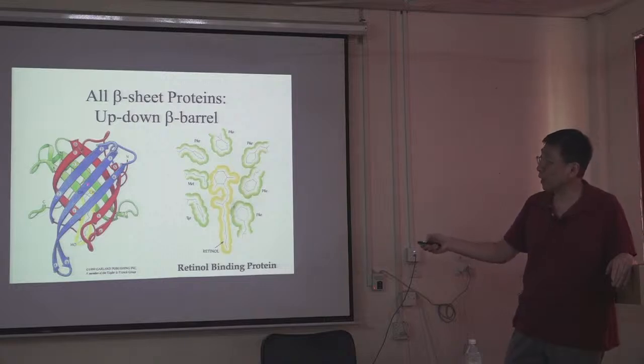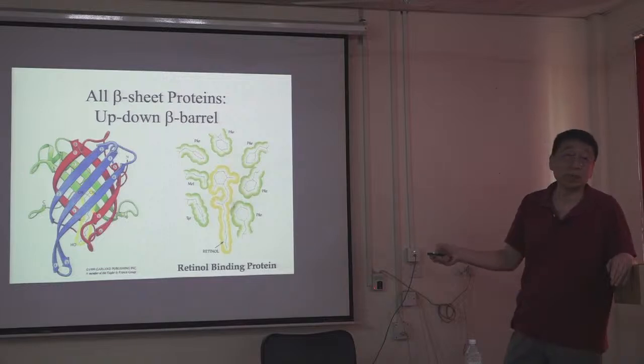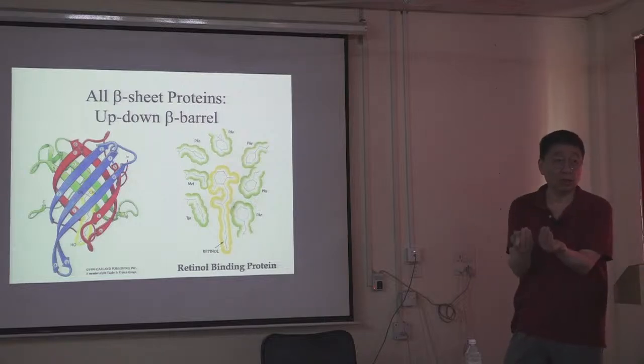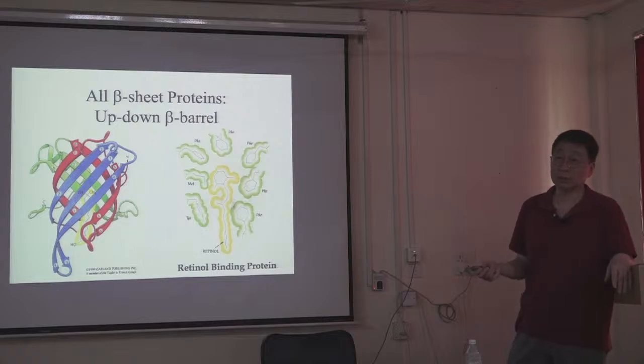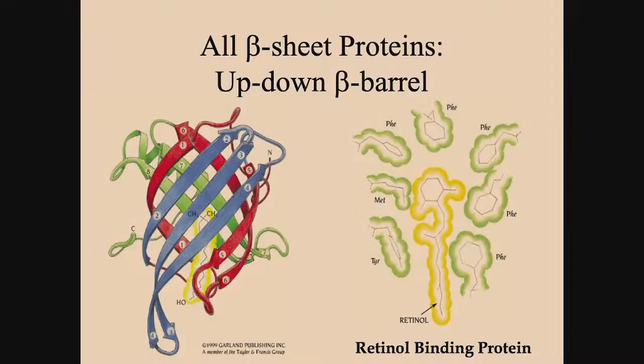And then goes right back down, strand 3, back up 4, down 5, up 6, down 7, up 8. But you can see 8 right next to 1. So 8 and 1 are hydrogen bonded to each other. So there is no beginning, no end here. Everything is bonded together. So that's the concept of beta barrels. So this is an 8-stranded up-down beta barrel.